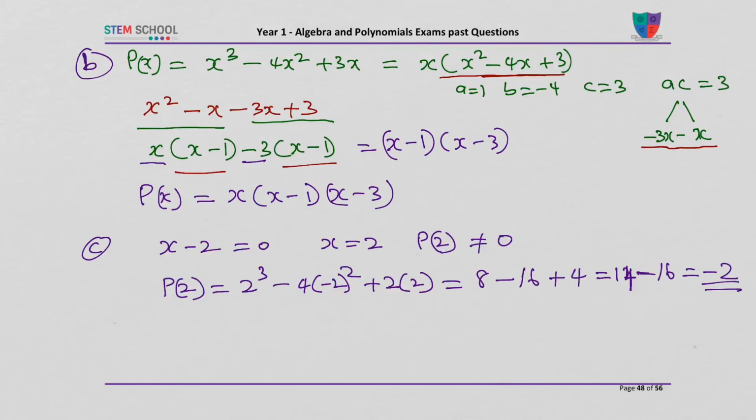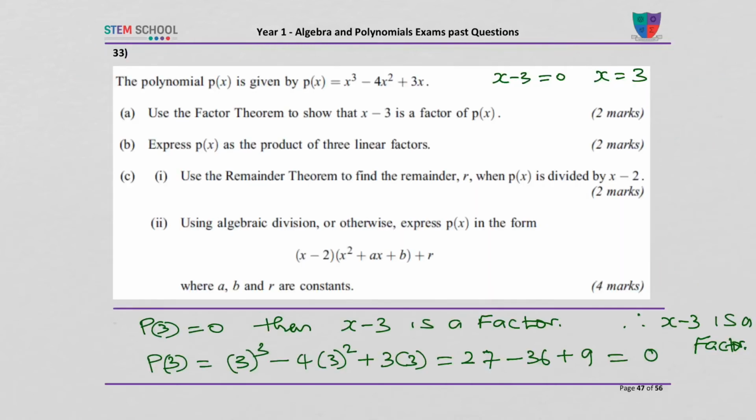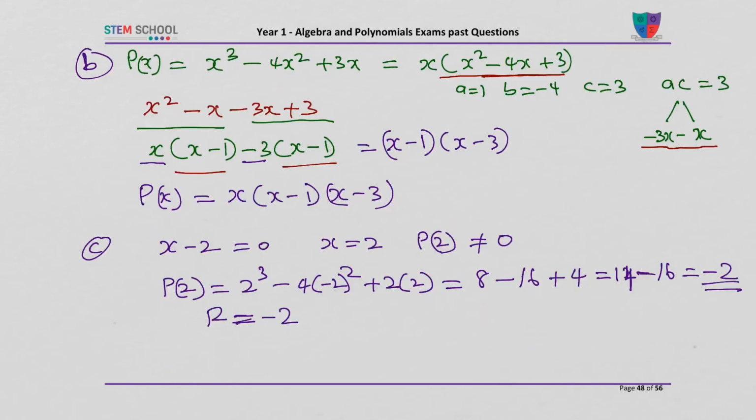So minus 2 is R. R equals minus 2, the remainder. So that's C part 1. R equals minus 2 for the remainder.